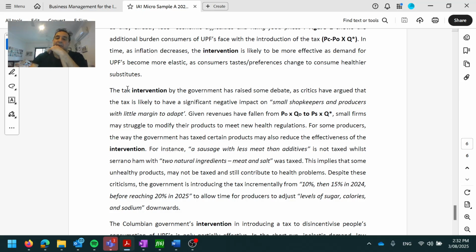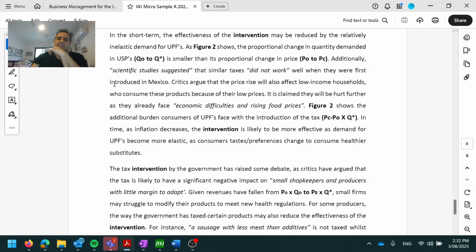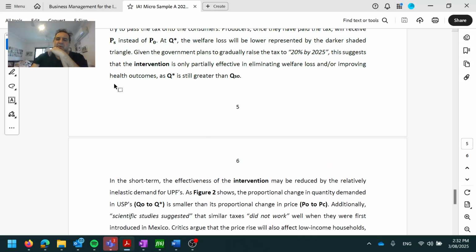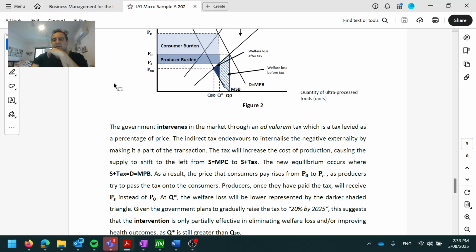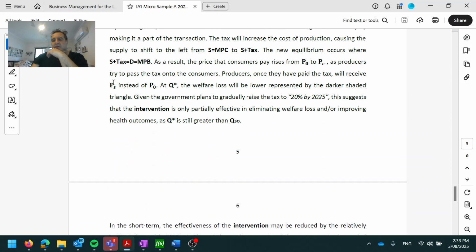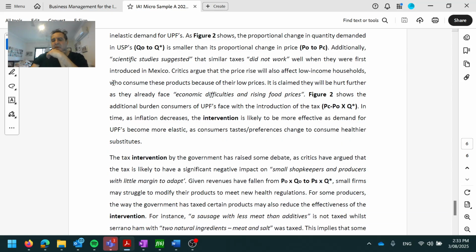So little things like a lack of contextualisation, that you're not fully integrating a real world example with the theory, you can lose quite significant marks. Little silly mistakes around terminology can cost you a mark or 2, depending on how severe. So you really need to be careful.